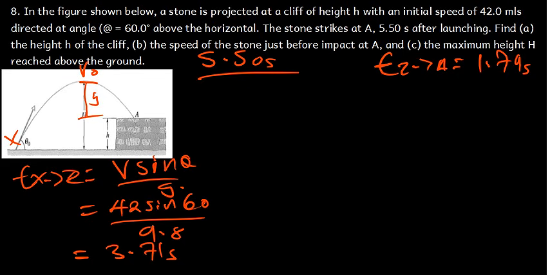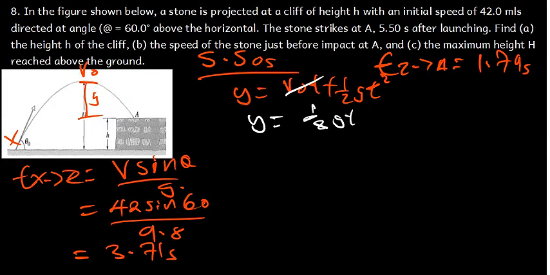So my y is going to be, this is 0, I'm going to cancel it, half g t squared. Let's plug in the values. Half g, coming down, is 9.8. T is going to be the time from this point all the way to A, which is 1.79. I square it.